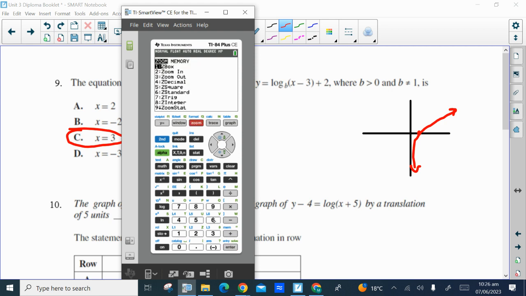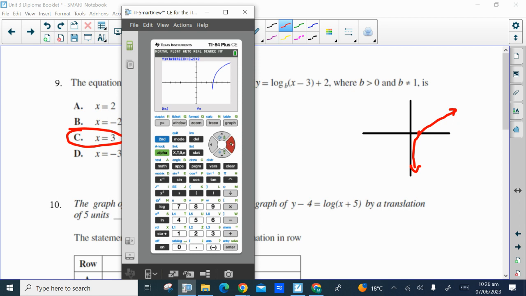So zoom 6, set our windows to their standard settings. And now in this mode, the calculator doesn't show the entire graph. If we chose zoom decimal, which is number 4, we'll probably get a better look at it. Nah, not really. But you can go into the trace mode until y values start to appear.